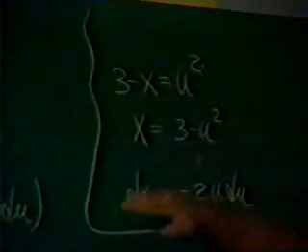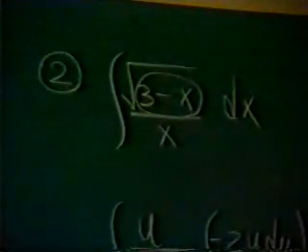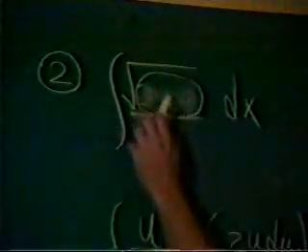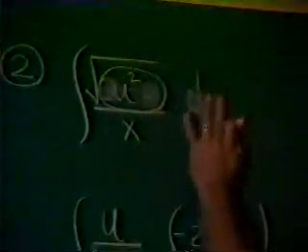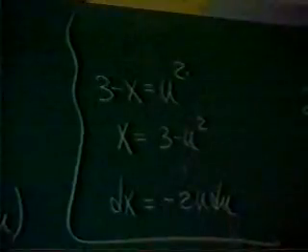So we return to our problem. In place of 3 minus x, we've decided to put u squared. That forces us to replace dx, so dx will be replaced with minus 2u du.